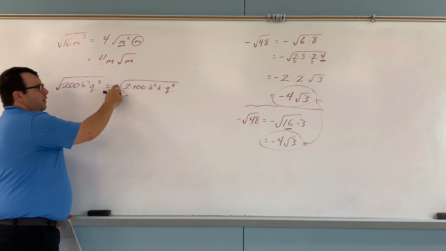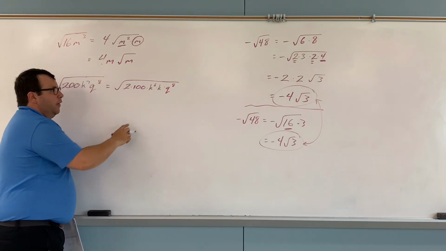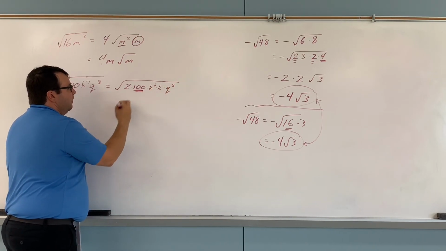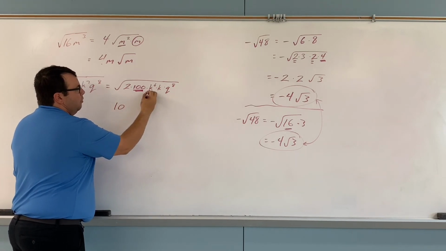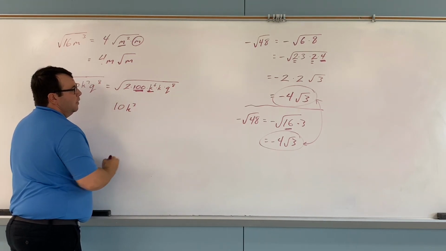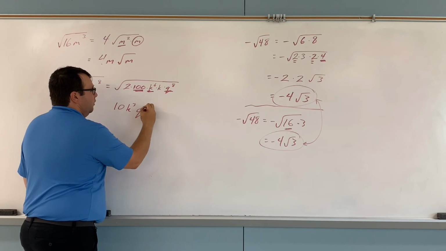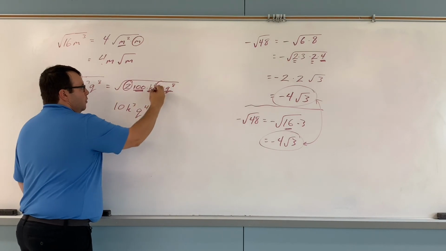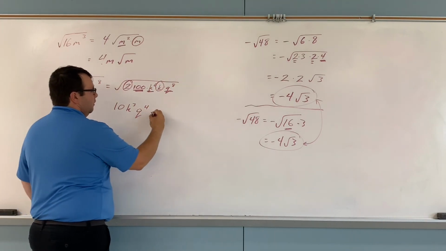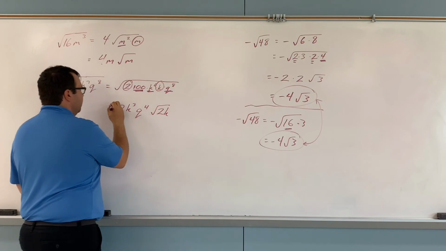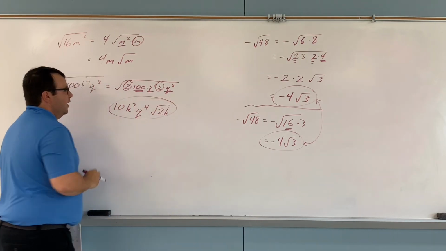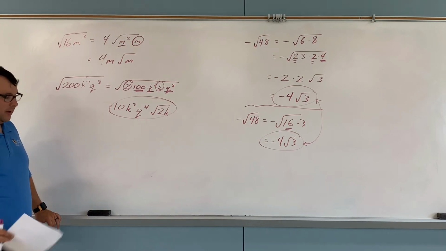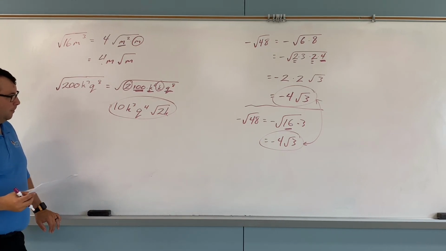Because I have a root index of 2, I'm looking for pairs, and I'm looking for exponents that are divisible by that 2 value. So I can pull out a 10 from here. I can pull out k to the 3rd from there. I can pull out q to the 4th from there. What am I left with? 2k. So I'm left with a square root of 2k here. So I have 10k to the 3rd, q to the 4th, square root of 2k. And that is my simplified version of that problem.